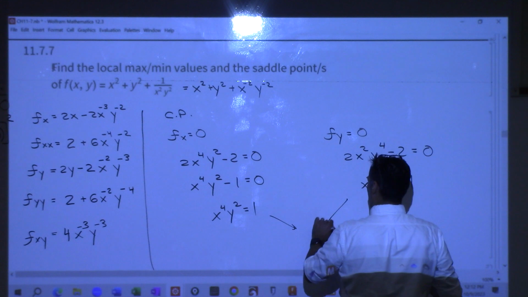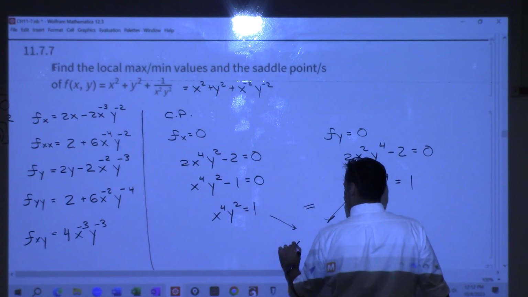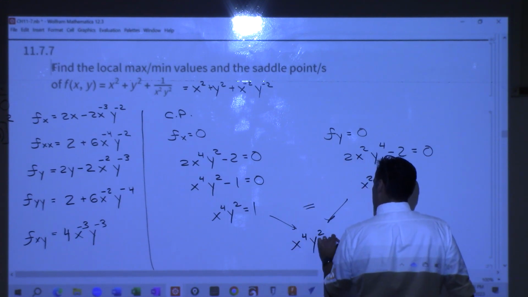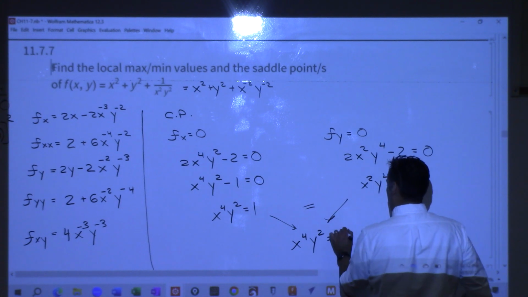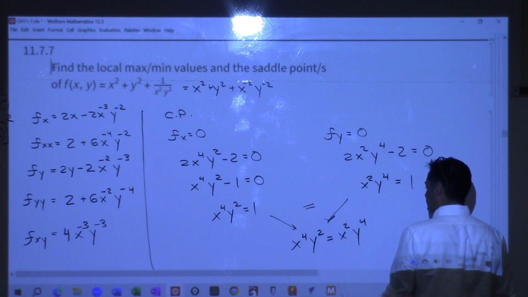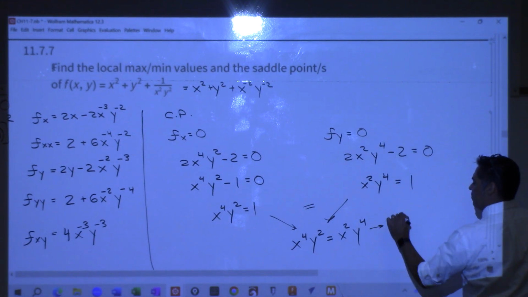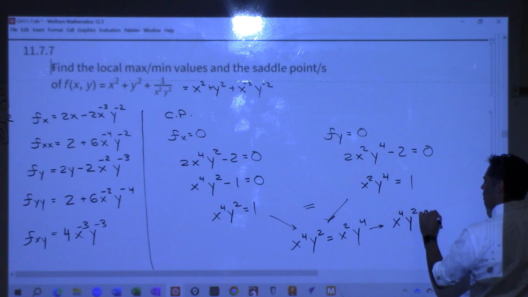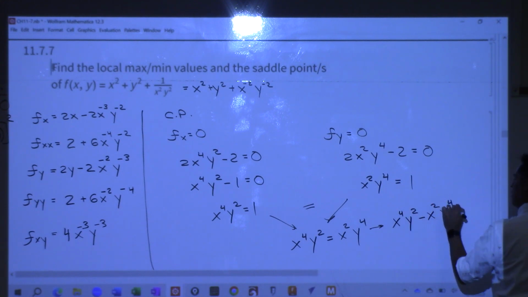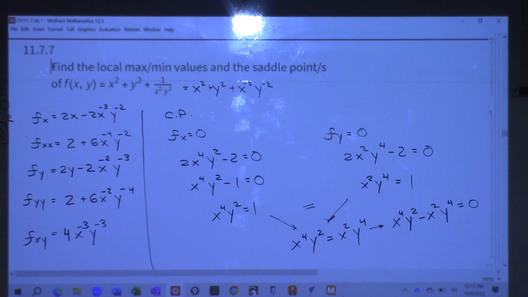So set these equal, and you get x to the 4th y squared equals x squared y to the 4th. Do not divide both sides by x squared y squared. Do not. Move everything to one side and factor. So x to the 4th y squared minus x squared y to the 4th equals 0. Pull a GCF now.